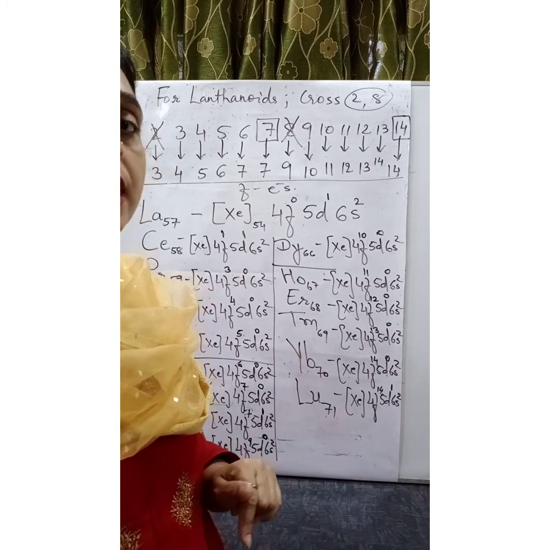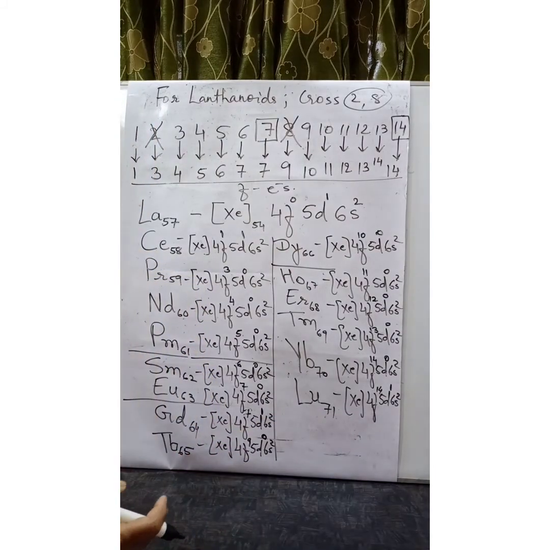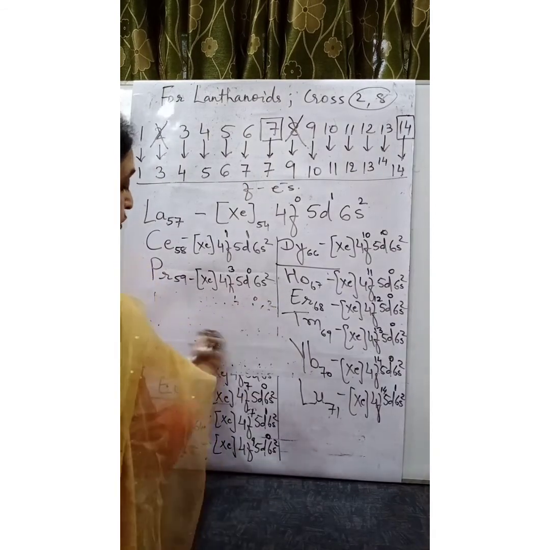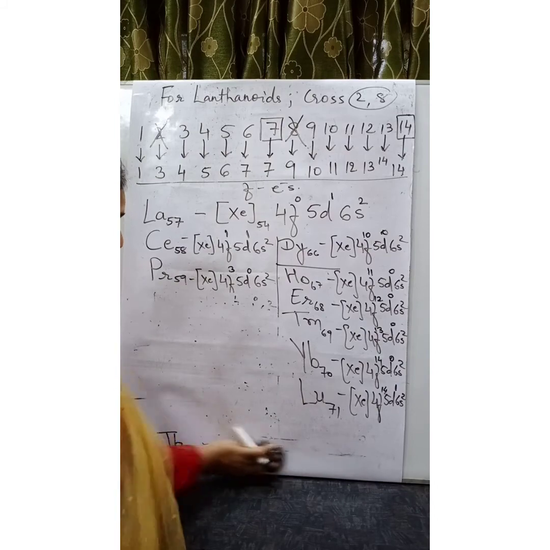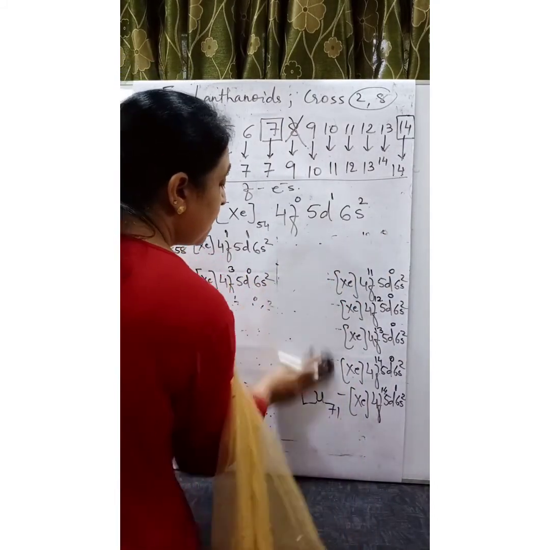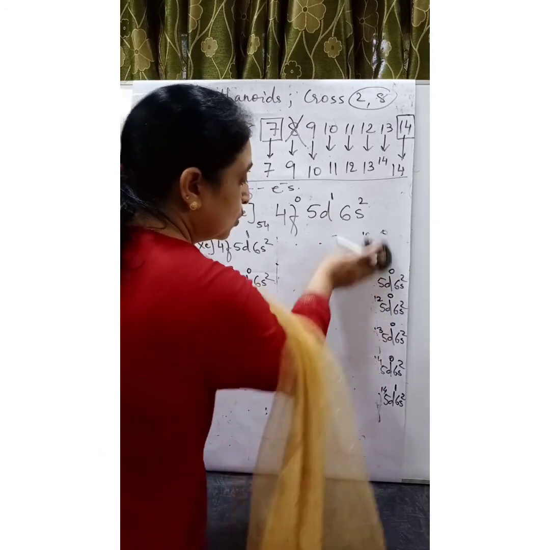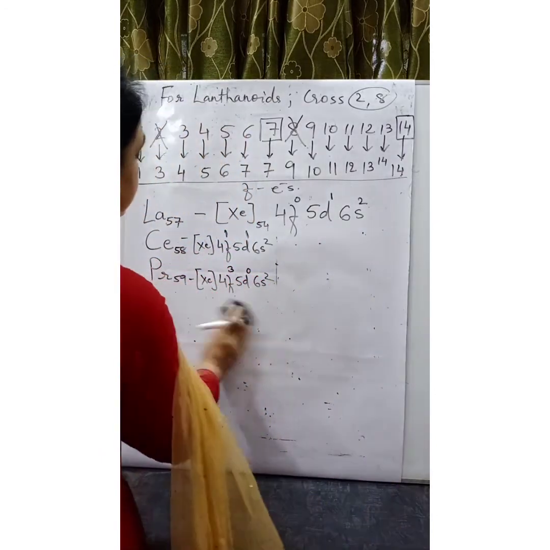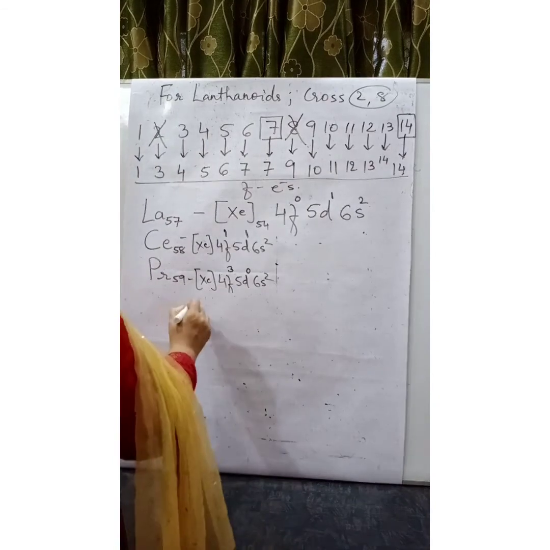Now, if you are asked to work out the electronic configuration of ions, for example, you are told to work out the electronic configuration of, say, Ce plus 2, cerium plus 2, and cerium plus 4.